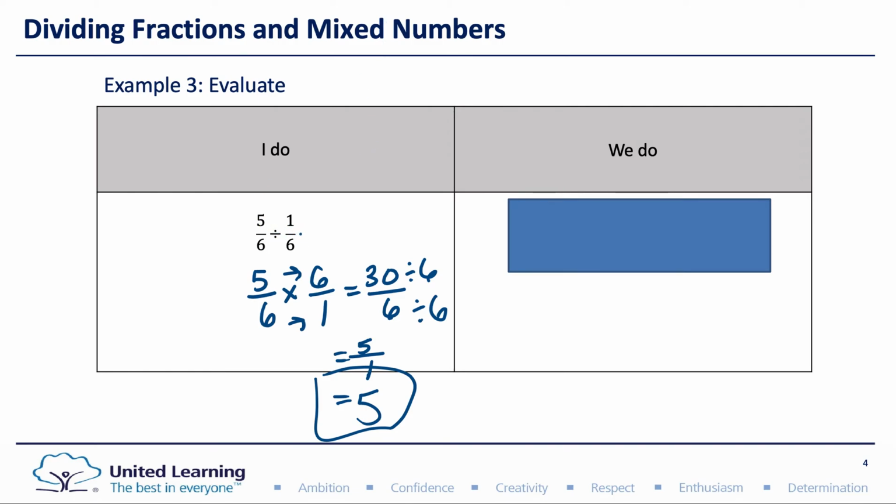The reason I wanted to bring this to your attention is that this question is asking, how many sixths are there in 5/6? So if you visualize this, if I had a bar and I split it into 6 equal pieces, 1, 2, 3, 4, 5, 6, it is asking, how many of these are there in the entire bar?